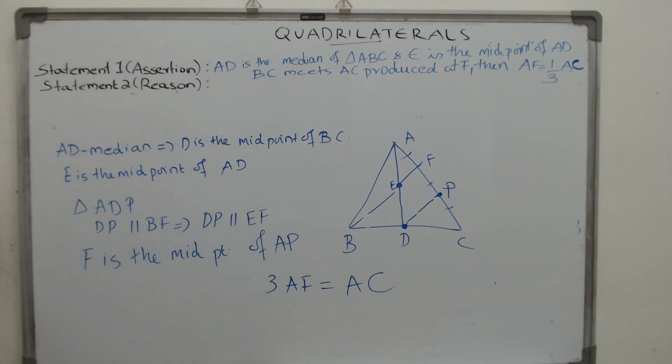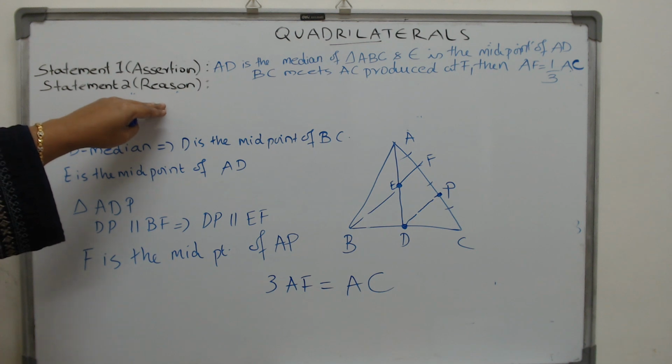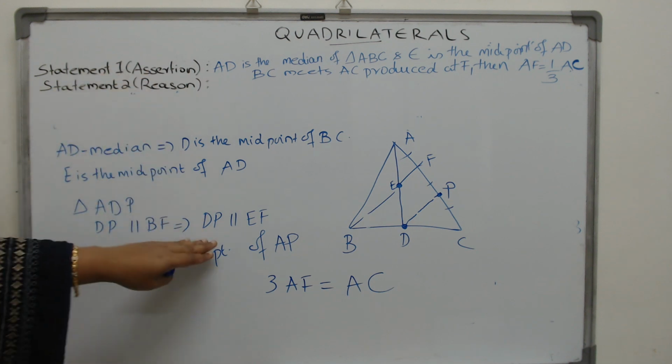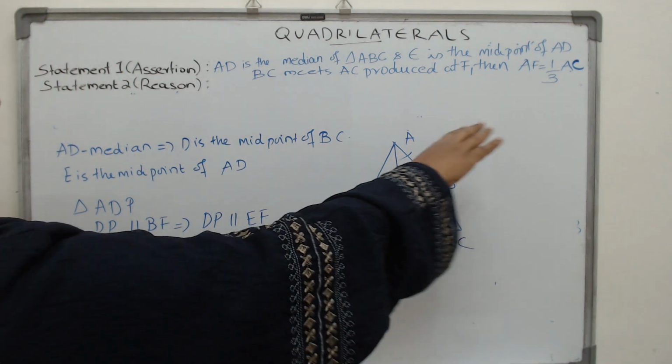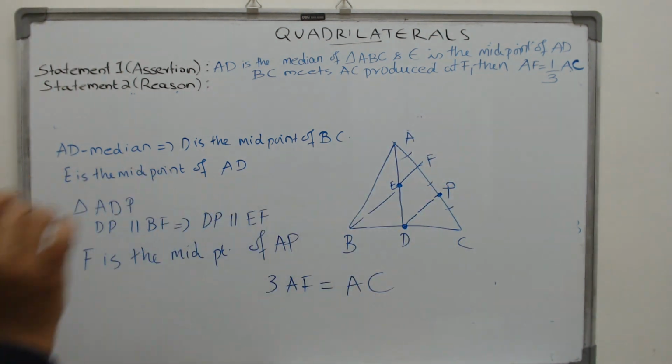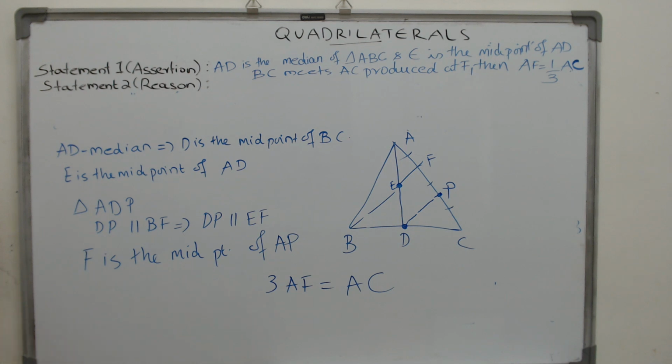And how did we prove it? Did we use the converse of the midpoint theorem? Yes. At every point, to prove this is the midpoint, then to prove this is the midpoint, in both the cases, we have used the converse of the midpoint theorem. Please be careful. If in the reason you are given the original midpoint theorem, then that is not the reason.